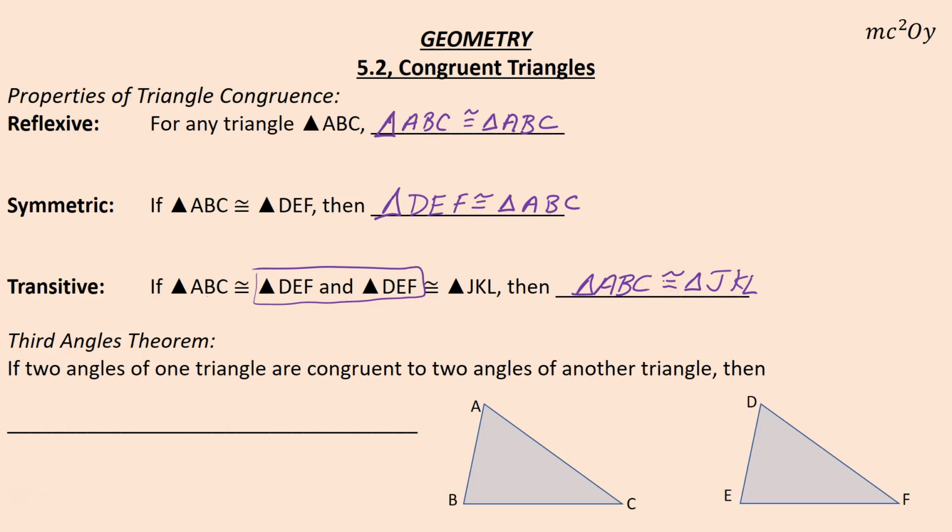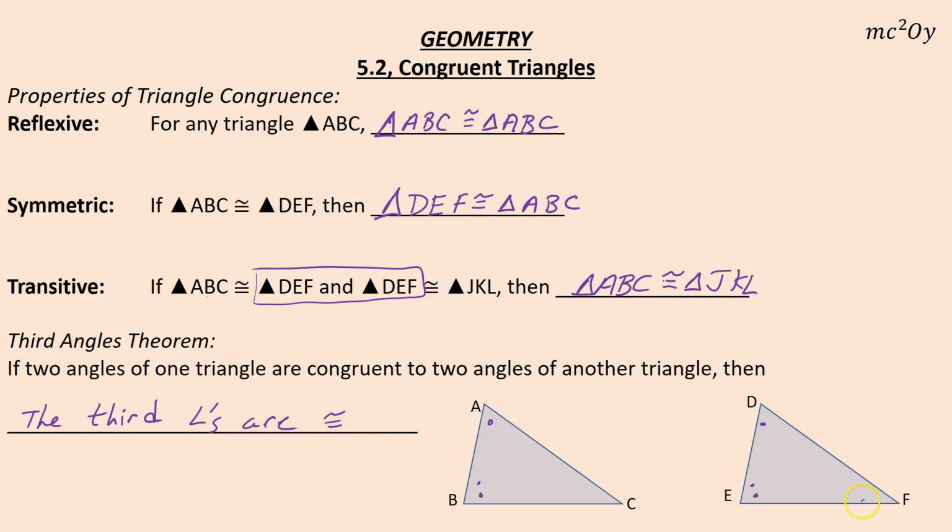All right. And then the last theorem here, third angles theorem. If two angles of one triangle are congruent to two angles of another triangle, so for instance, A being congruent to D, B congruent to, say, E, that would mean the third angles are congruent.